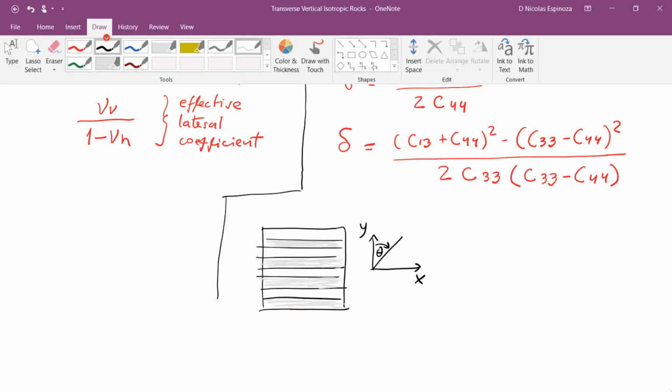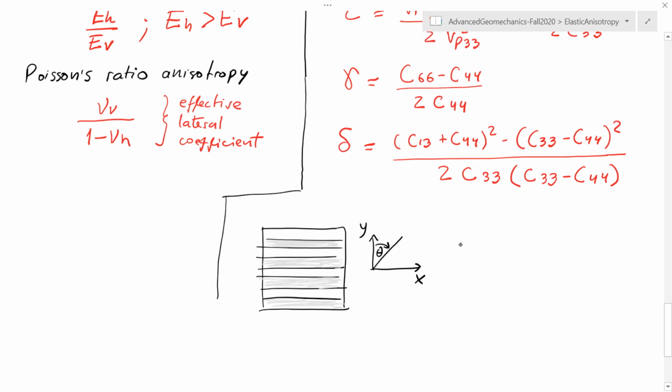So the Thomson parameters are going to help me predict the P-wave velocity at an angle theta which is not either 0 or 90.